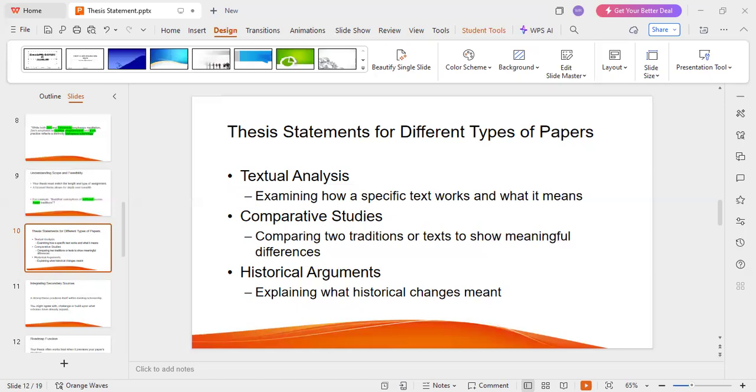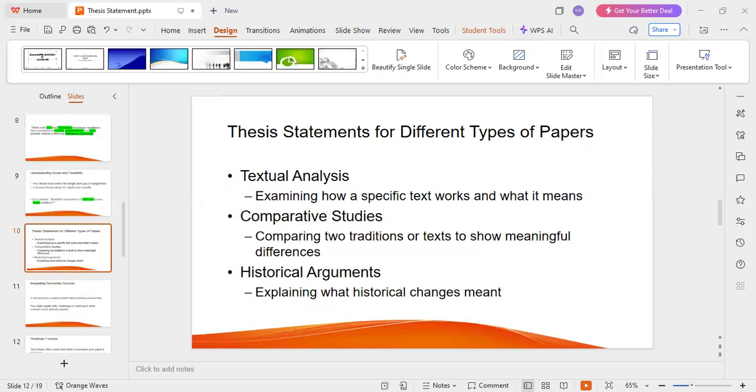So at this stage, if you are engaging in a comparative study, comparing two traditions or two texts to show meaningful differences, there you have to place these subjects side by side for analysis. You can highlight the similarities and differences between them.